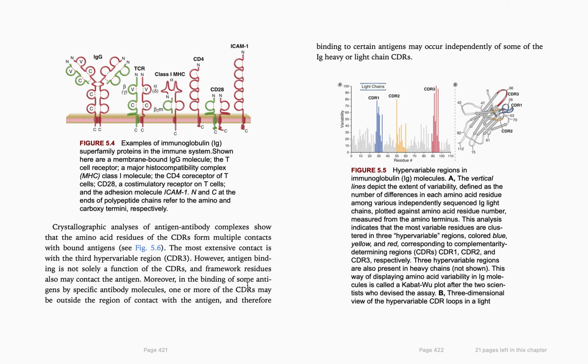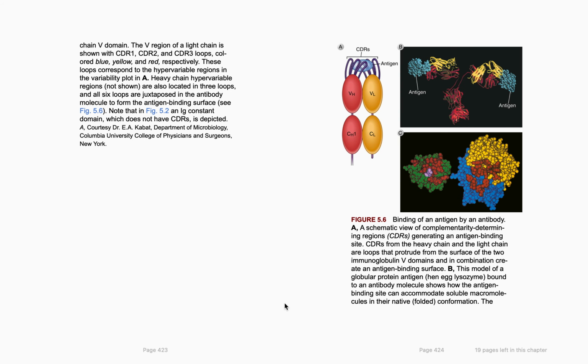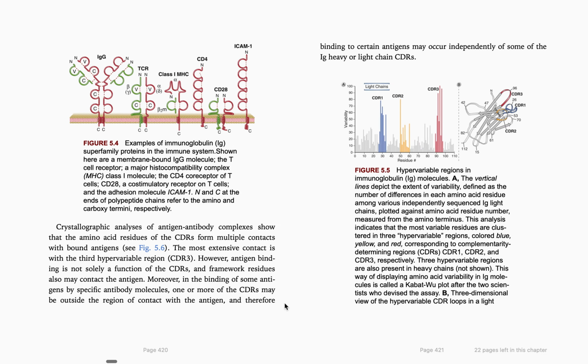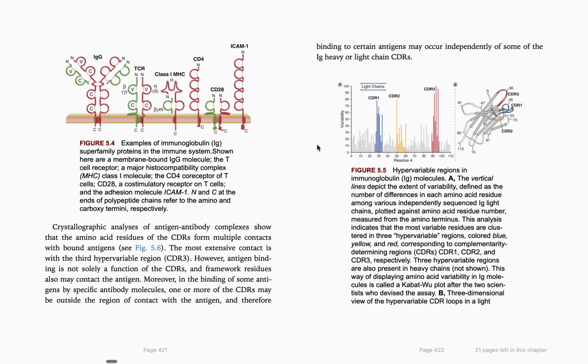Moreover, in the binding of some antigens by a specific antibody molecule, one or more of the complementarity determining regions may be outside the region of contact with the antigen. Therefore, binding to certain antigens may occur independently of some of the Ig heavy or light chains.